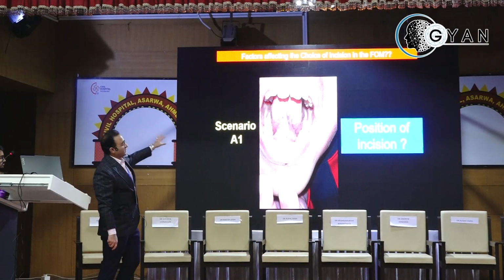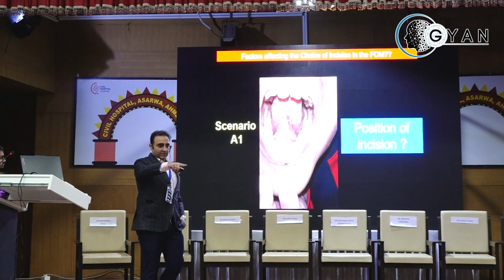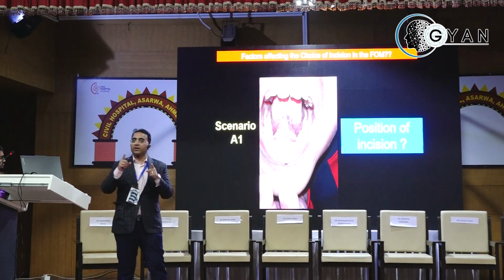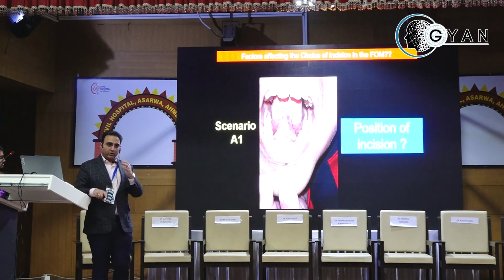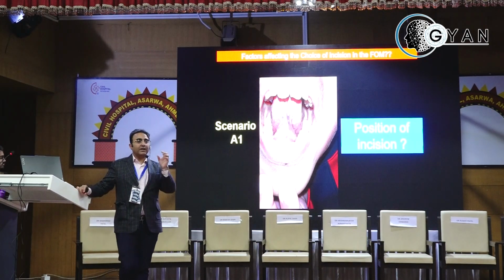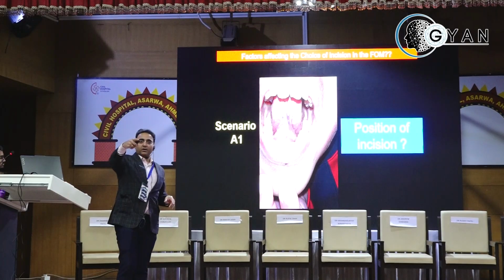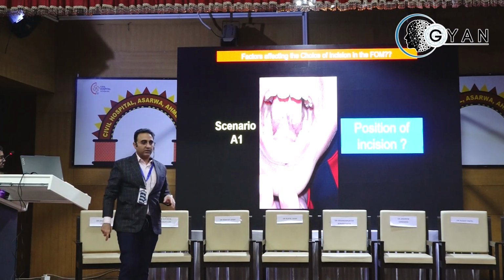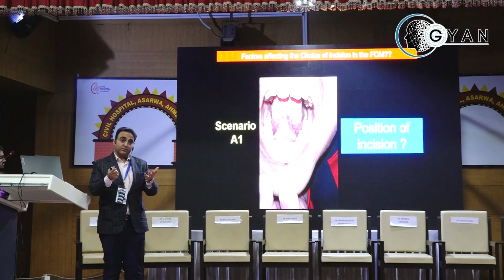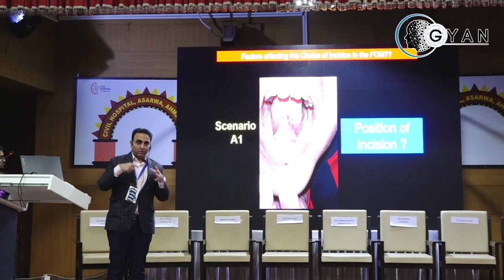So now coming to Lakshmi, in your case, Lakshmi has shown a procedure in the floor of the mouth for the removal of a large sialolith, isn't it? And somebody has asked about the incision of the large sialolith. But that was a large sialolith which can be palpated in the oral cavity.